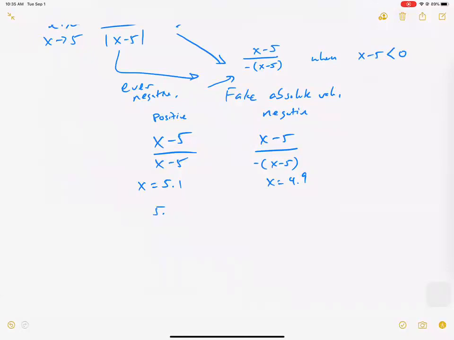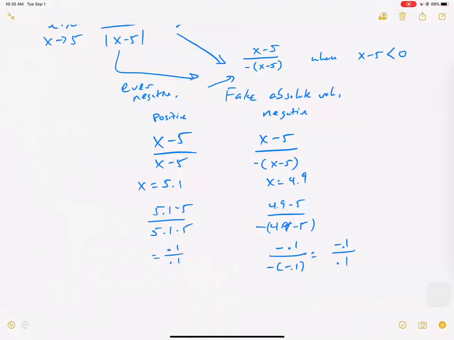So 5.1 minus 5 over 5.1 minus 5 gives us our 0.1 over 0.1, like we were expecting, just like what we got in our previous example. 4.9 minus 5 over 4.9 minus 5, but with a negative, gives us negative 0.1 over a negative 0.1, which is negative 0.1 over positive 0.1.